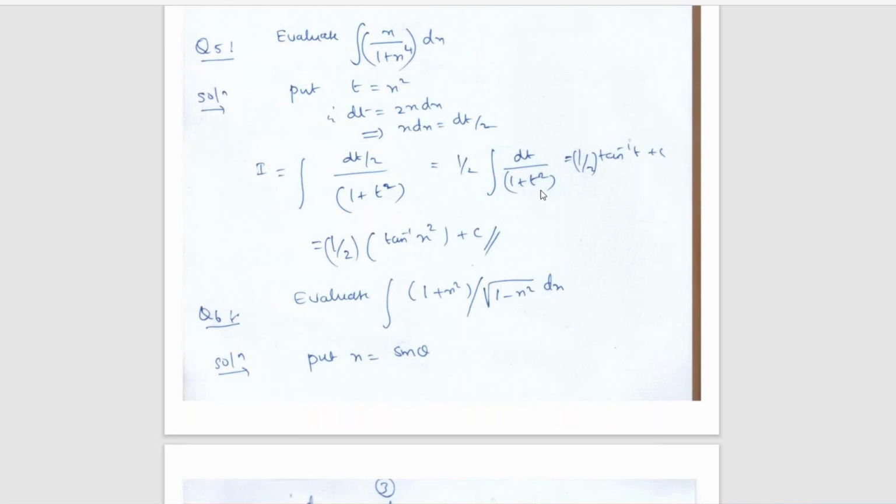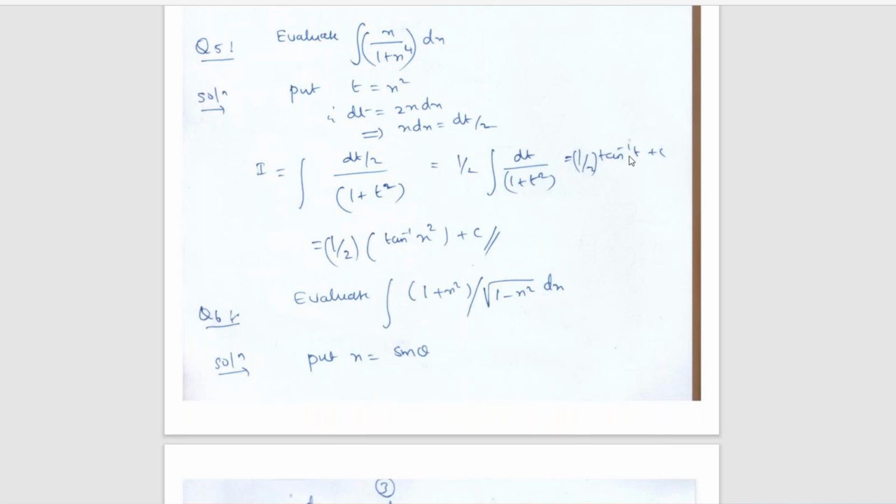Here a is 1, it's a constant, so no need to worry about it. So 1 by a means 1 by 1 tan inverse x by a.